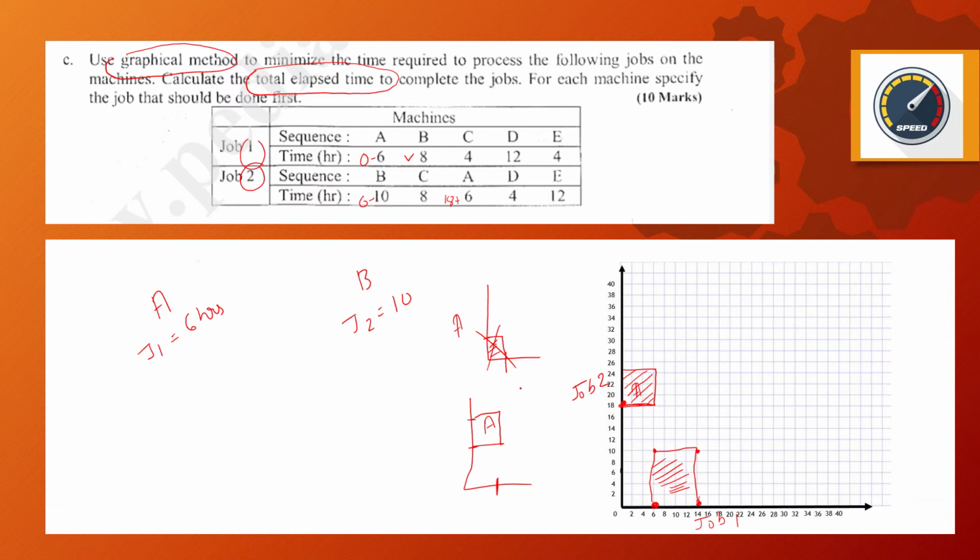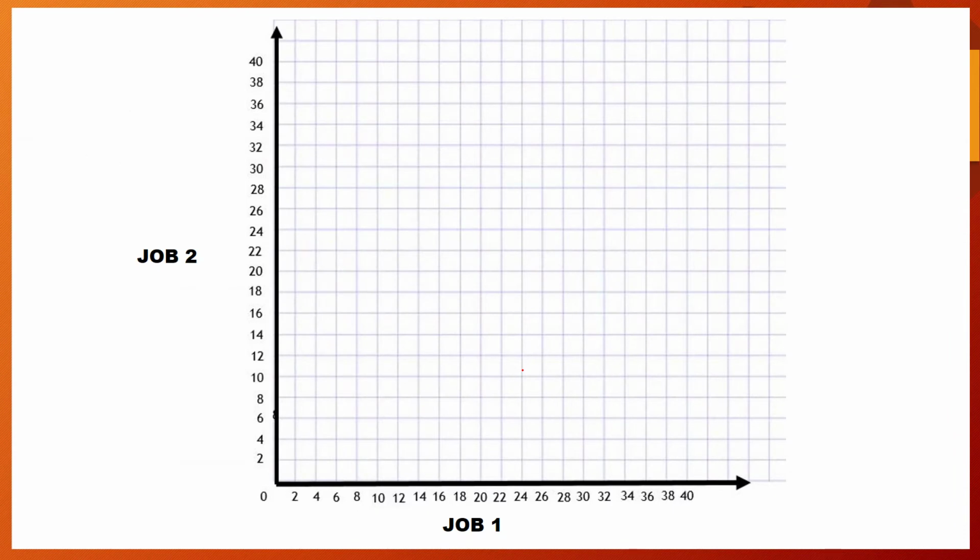About the path and all, we'll see in the next slide. So this is how, as I mentioned, you should be preparing the graph. Along the x-axis you should mention the scale, whichever is required according to your wish.